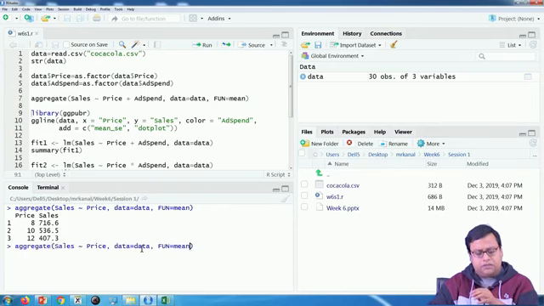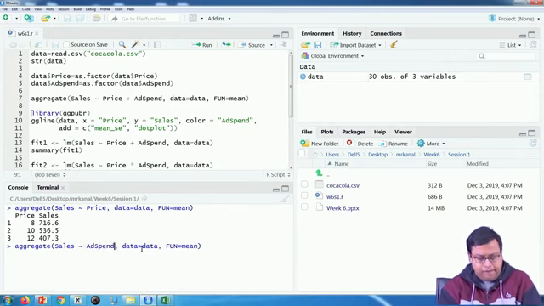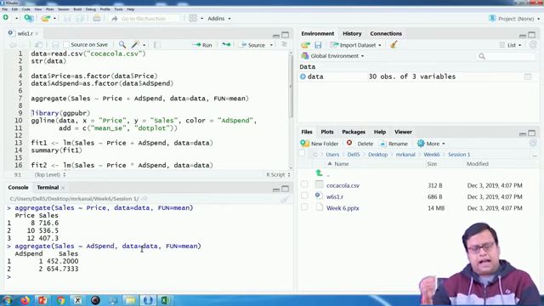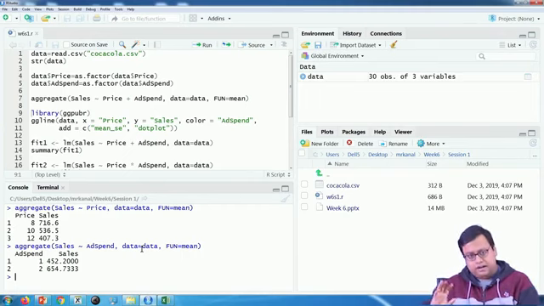Similar thing if I do it for ad spend. The ad spend expenditure goes from 3000 rupees per retail store to 5000 rupees per retail store.